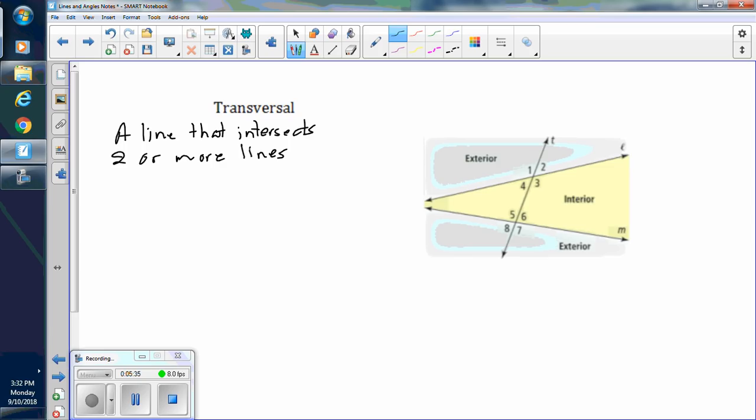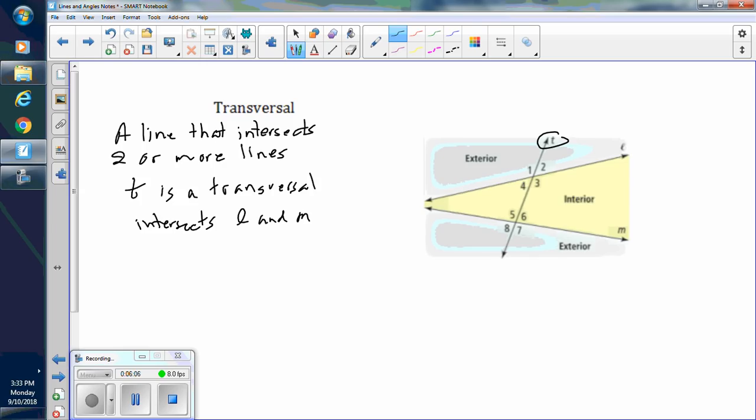So in this particular case, in this diagram, line T is a transversal. Why? Because it intersects lines L and M, which is what makes it a transversal. Just simply a line that intersects two other lines.